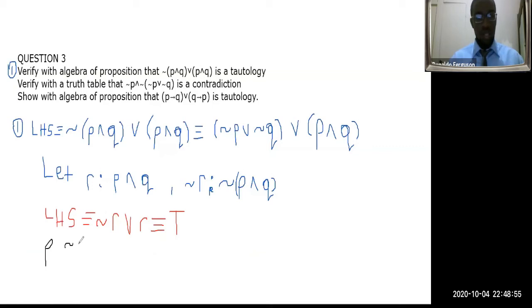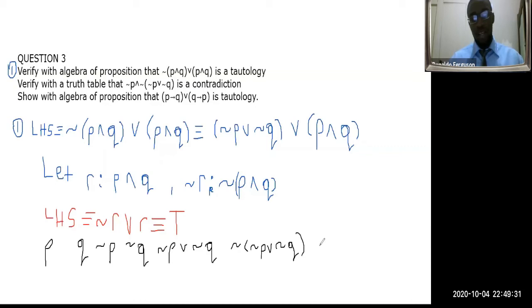So we're going to need not Q, then we're going to need P, Q, not Q, and not P, so let's write not P, not Q, then I'm going to need not P or not Q, then the negation of not P or not Q. Then finally I'm going to need the negation of P and the negation of not P and not Q. So a lot of work to do right here.